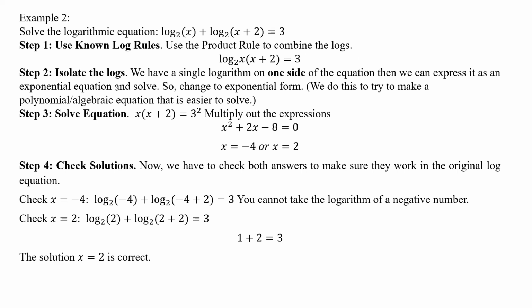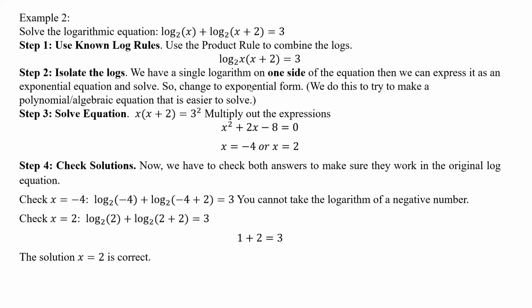Next, I need to isolate the logs. We have a single logarithm on only one side, namely the left side of the equation. Then we can express it as an exponential equation and solve it.